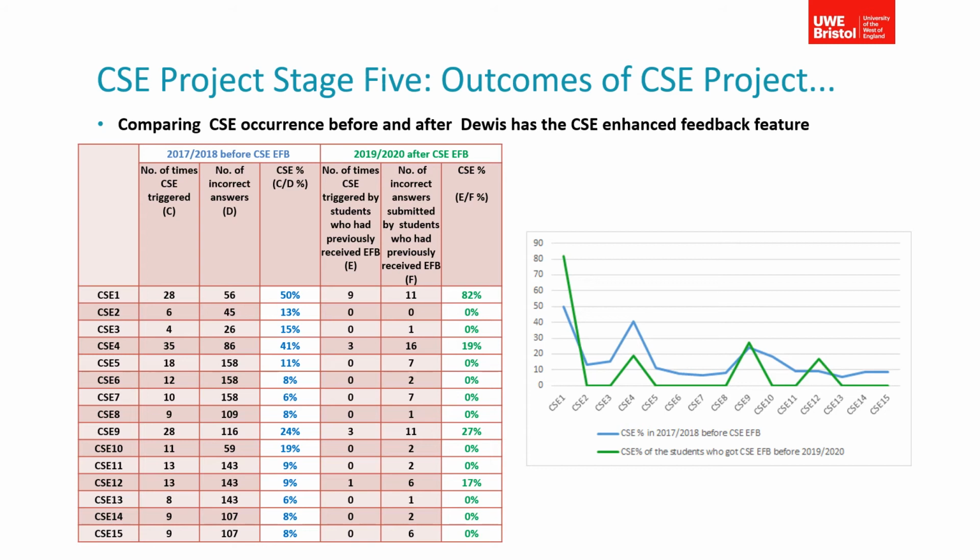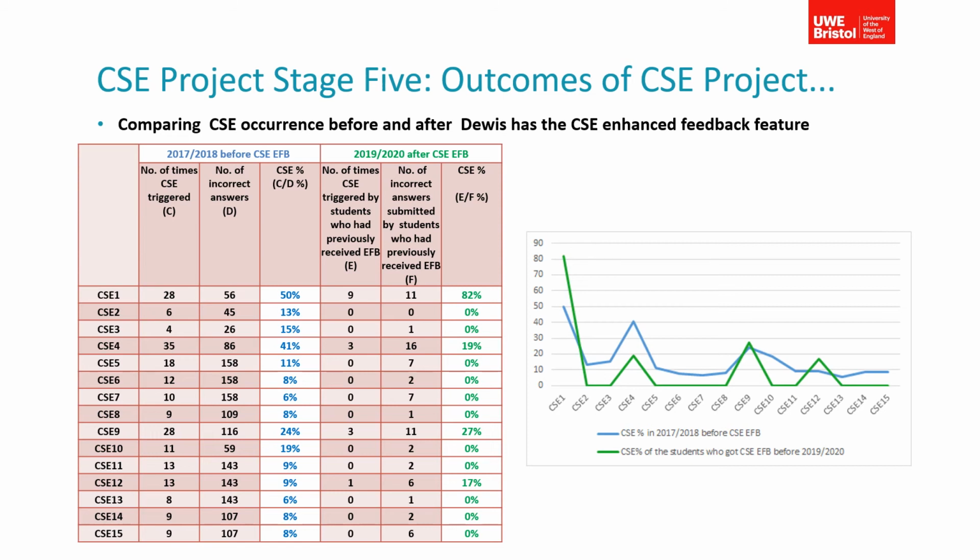You can see that for 12 of the CSEs, the CSE percentage is lower for those students who received enhanced feedback before the control condition exam. However, the CSE percentage for three CSEs, CSE 1, CSE 9 and CSE 12, is still higher for those students who received enhanced feedback before the exam.